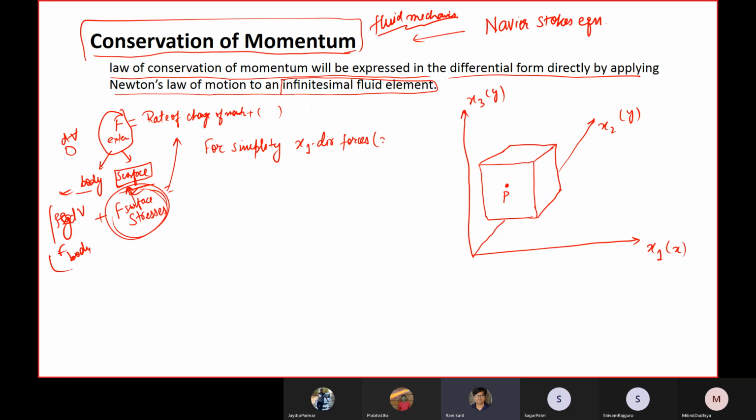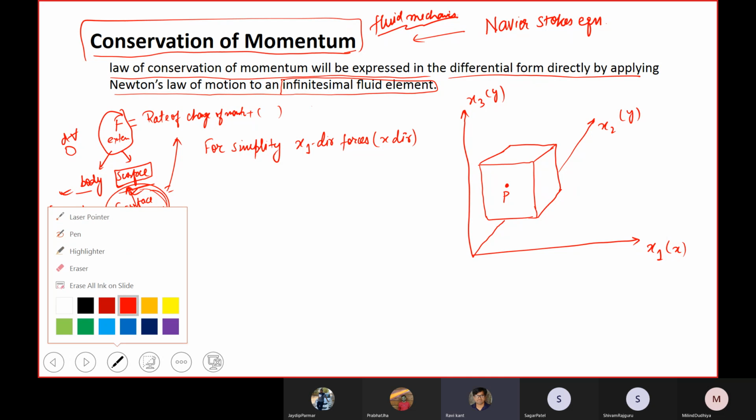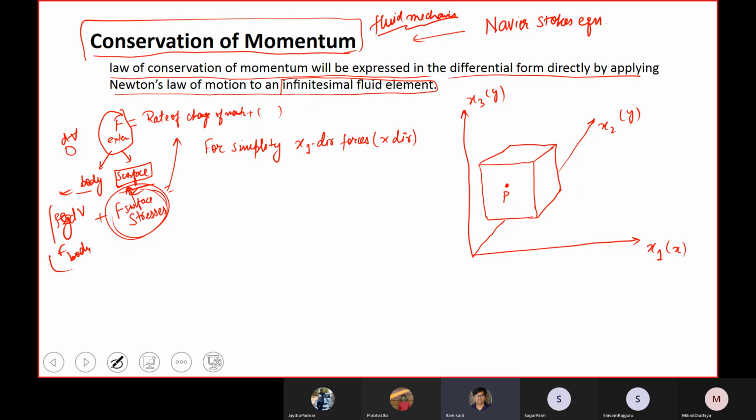Okay, first only x direction. So what are all the things that are working in x direction are this.